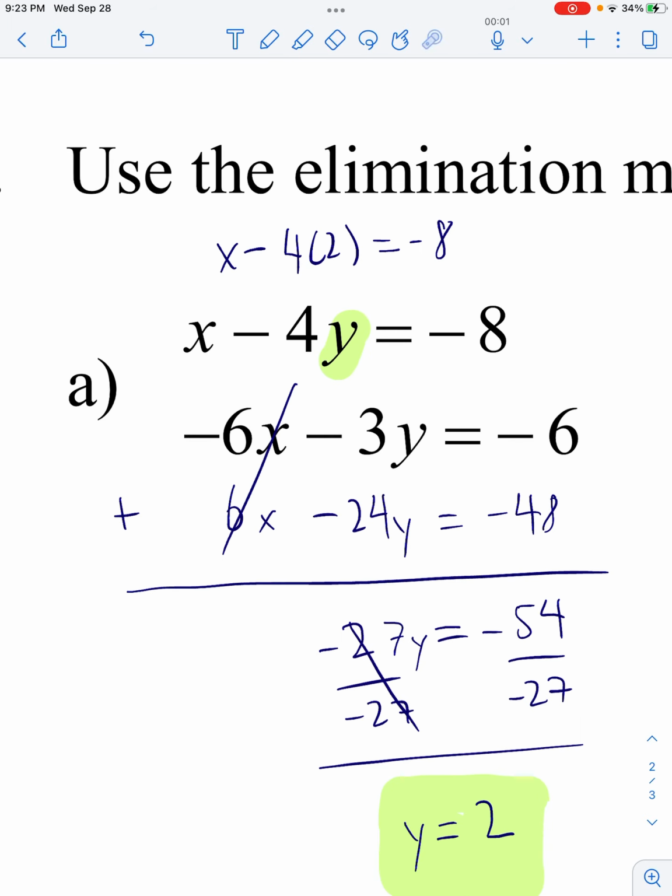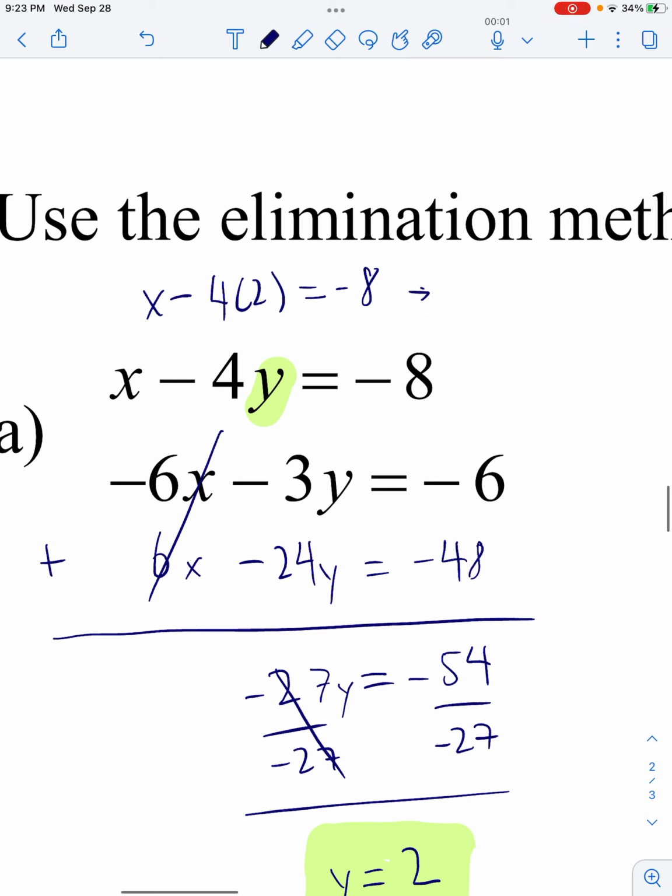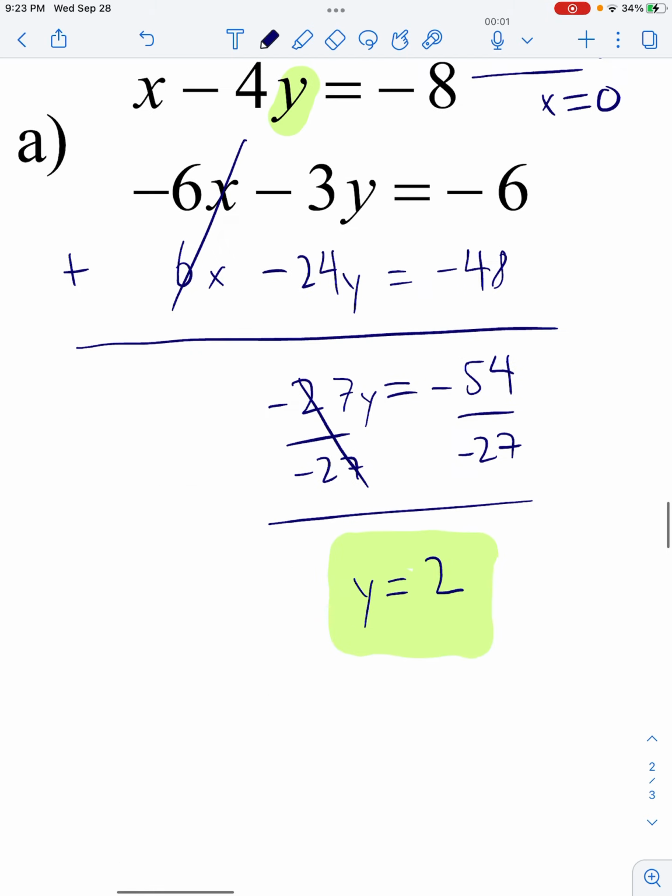Now right here I've got one unknown, one equation. I can solve this just like I did in Algebra 1, okay? So I get x minus 8 equals negative 8. Add 8 to both sides. Get x equals 0, okay? So y equals 2, x equals 0. That's going to be my final answers here.